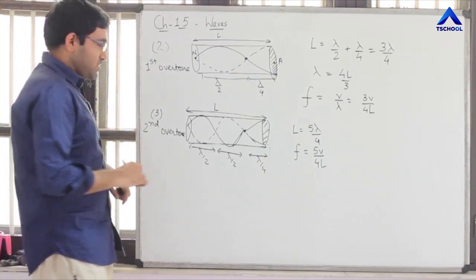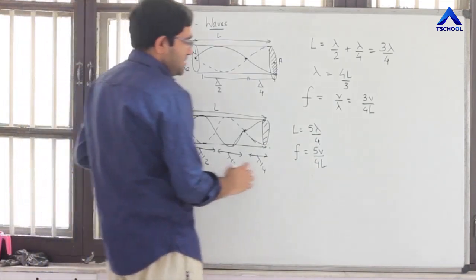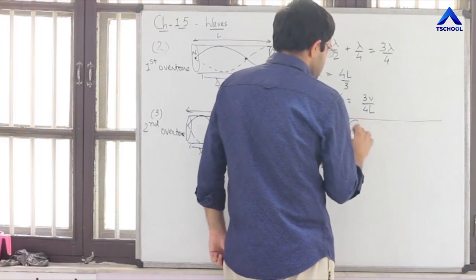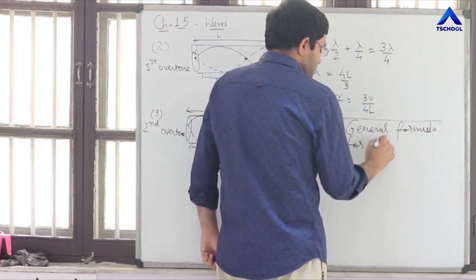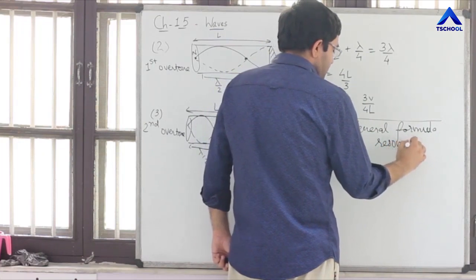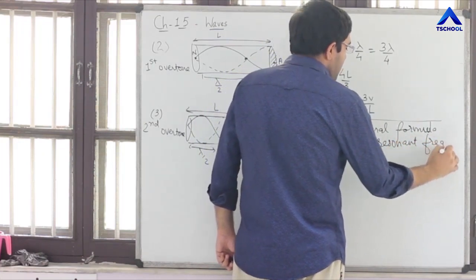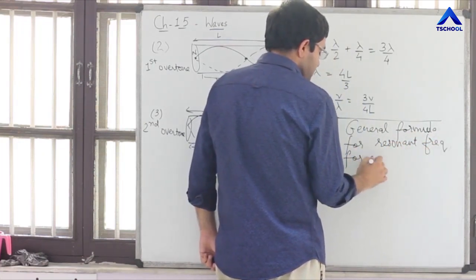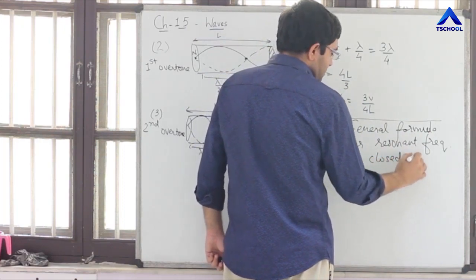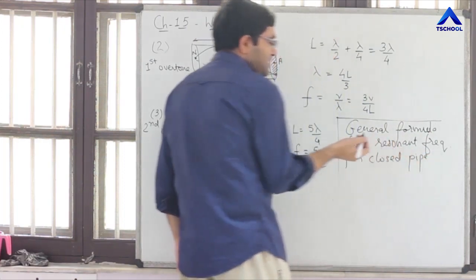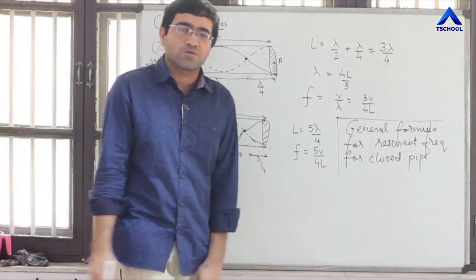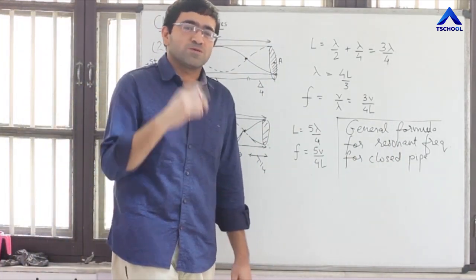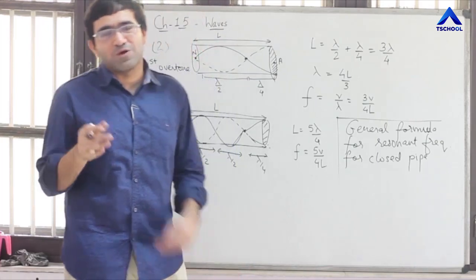Now the general case is going to be, I'll write it over here, the general resonant frequency for closed pipe. Because we are taking odd numbers, I'm sure you have studied this in your 10th standard maths course, that for odd numbers you should either use 2n plus 1 or 2n minus 1.